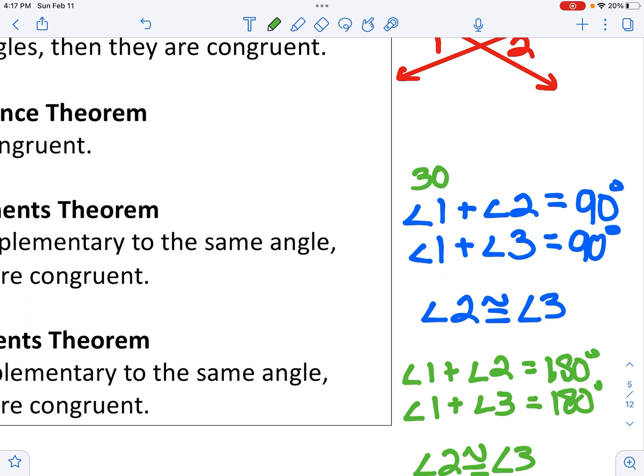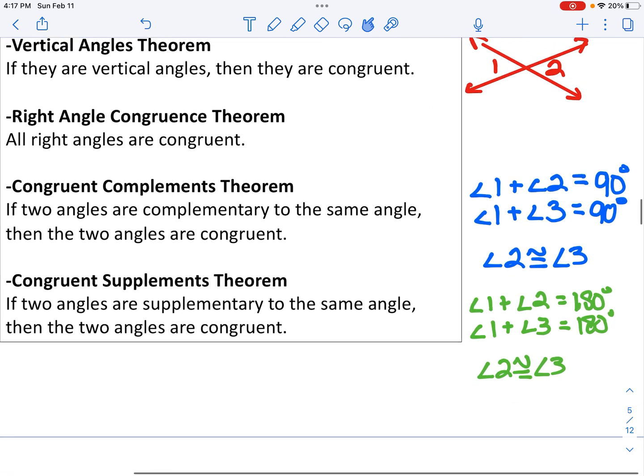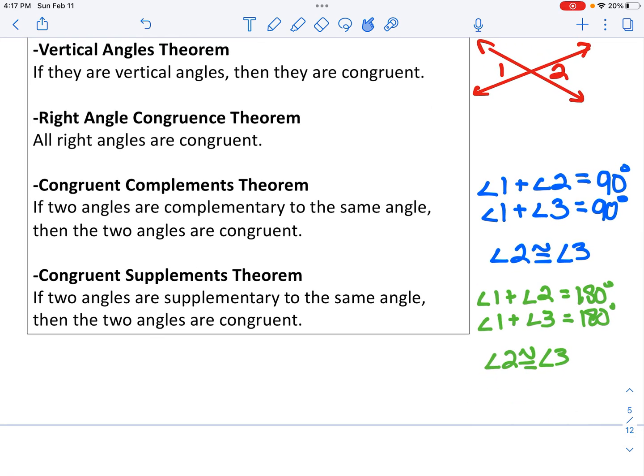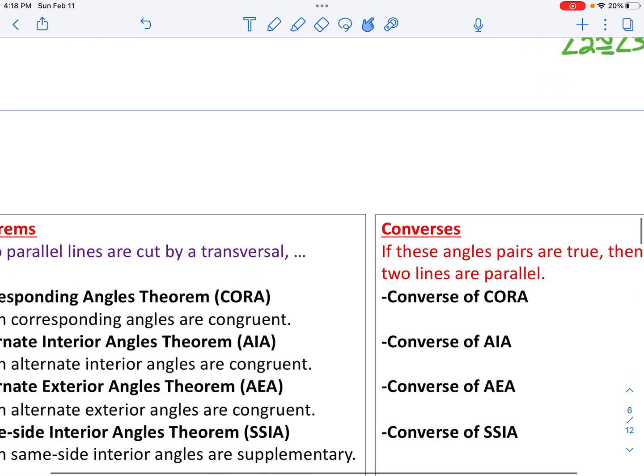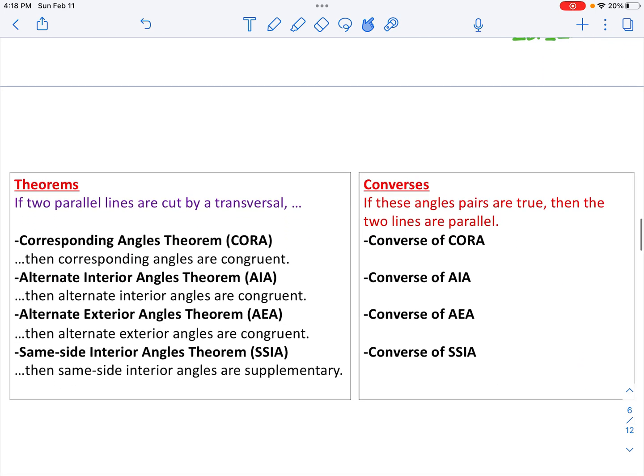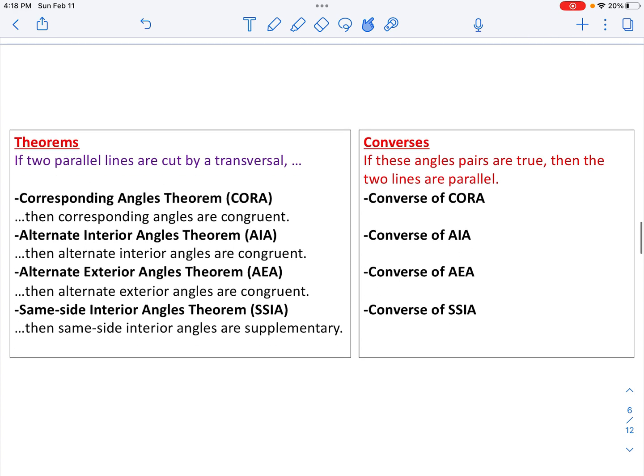And the same thing applies for supplements. So they have the same, the congruent supplements theorem. That's here in the green. It's just instead of adding to 90, they add up to 180 this time, but everything else follows the exact same way. Okay. Now, these are things right here that we just have talked a lot about in this unit.